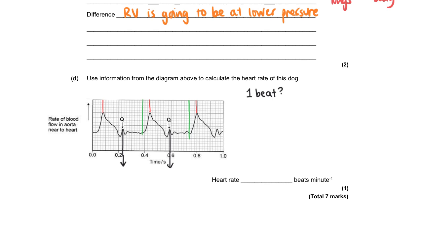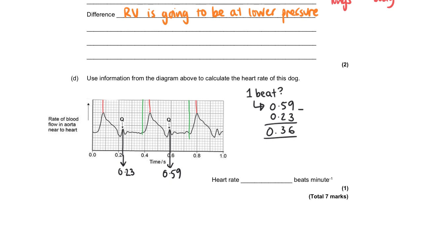So I'm going to assume that this first Q is at about 0.23 seconds, and this second Q is at 0.59 seconds. Okay, so using maths, I'm going to identify that one beat takes the difference between 0.59 seconds and 0.23 seconds. That's 0.36 seconds, or roughly a third of a second.